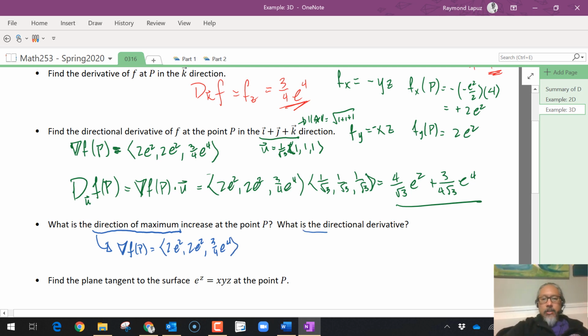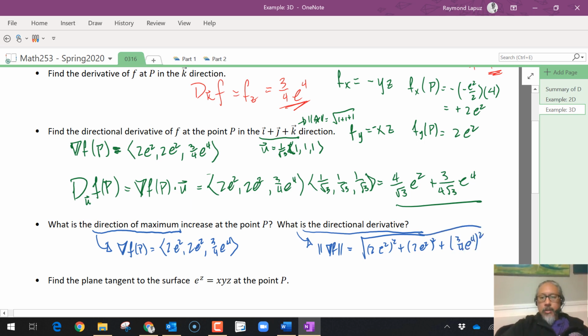And then the directional derivative itself is going to be the magnitude of the gradient of f. I don't think we figured out the magnitude yet, so let's see. It's the square root of (2e squared) squared plus (2e squared) squared plus (3/4 e to the 4th) squared.